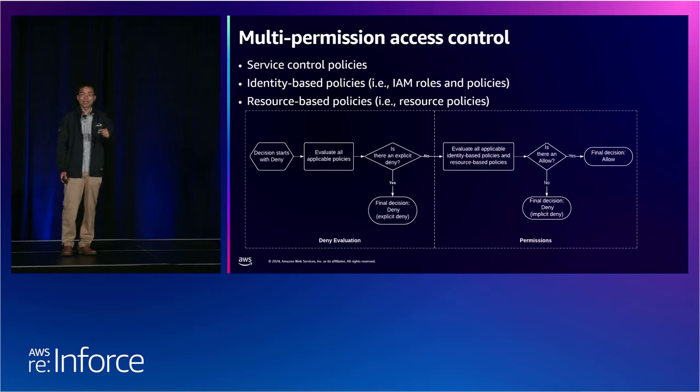Also look at the identity-based policy and any other deny there. And look at the resource-based policy, look at all the deny. So it puts together, it evaluates what you want to do through those three policies. If there's any deny, the final decision will be deny.